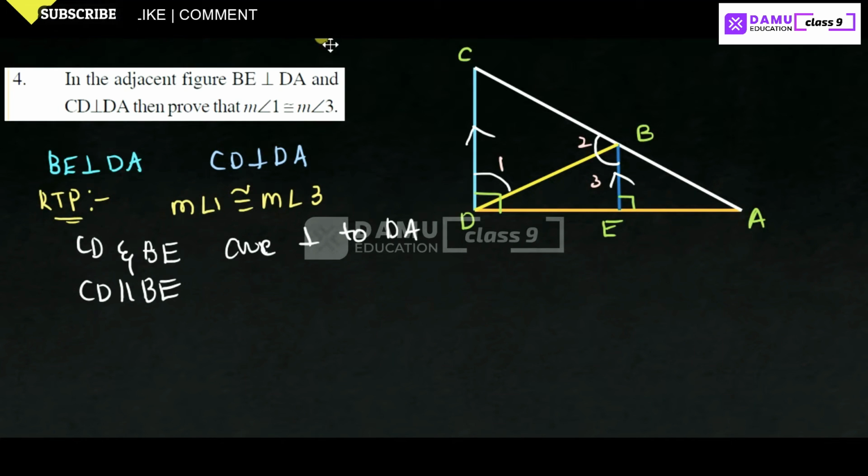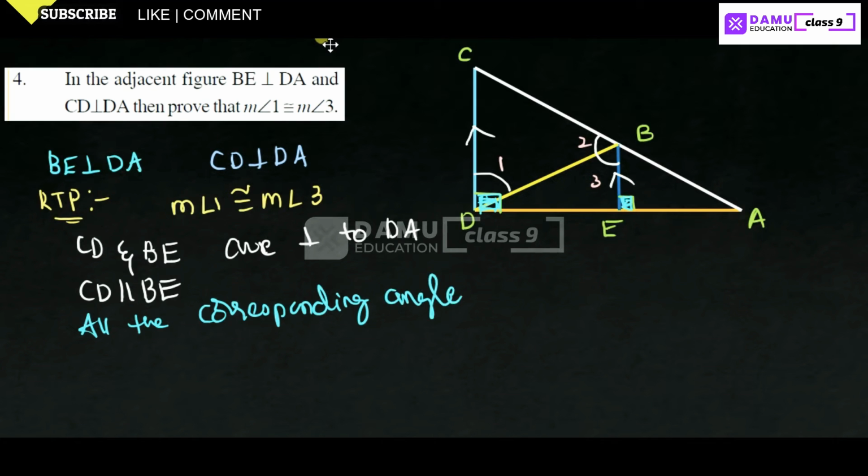Parallel to each other means whatever angle is here is equal to this one. All the corresponding angles are equal. So here angle D will be equal to angle E, that will be equal to 90 degrees. That is given.